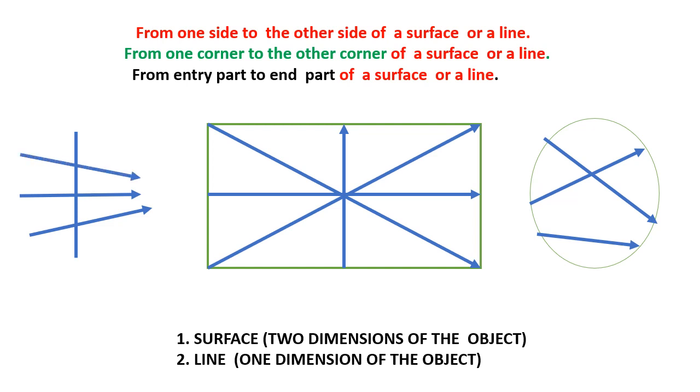Look at this. Here is a movement from one side to other side on a line. We make use of across. In this way, from one side to other side on a surface or on a line, if we show the movement, then we make use of across.